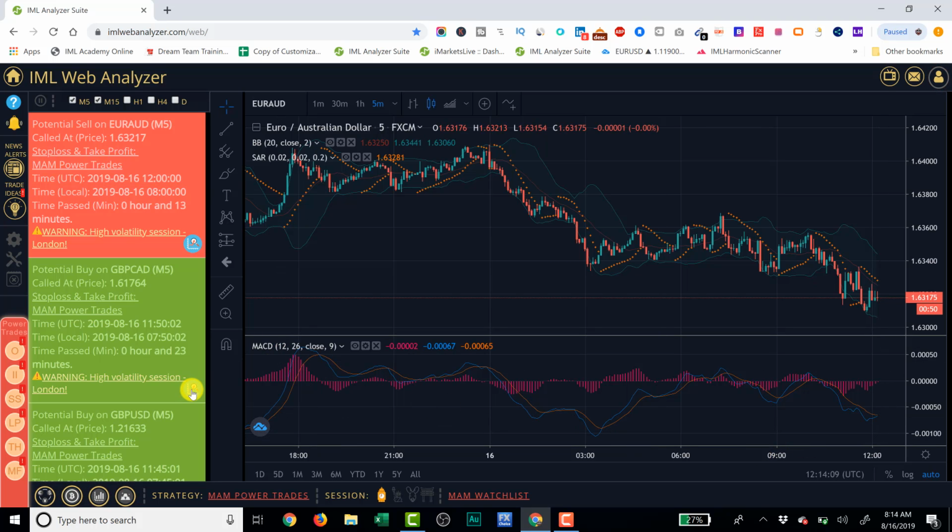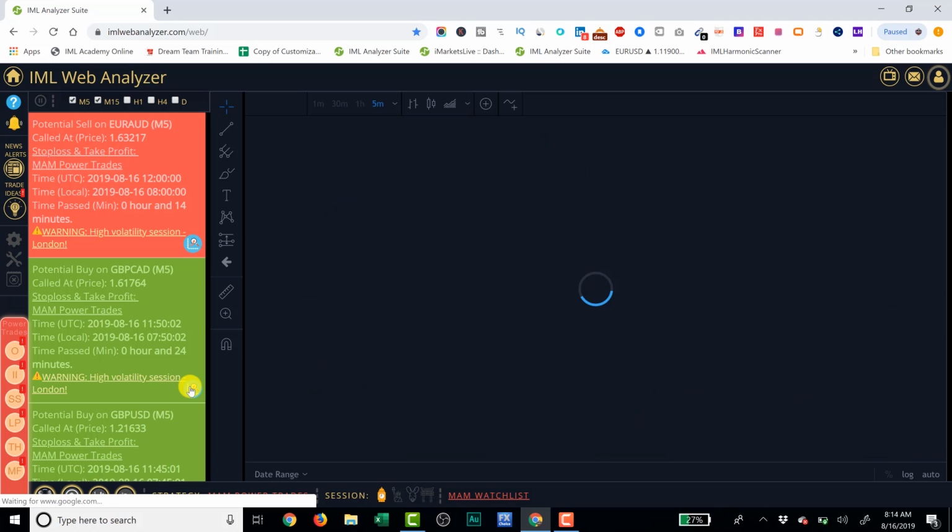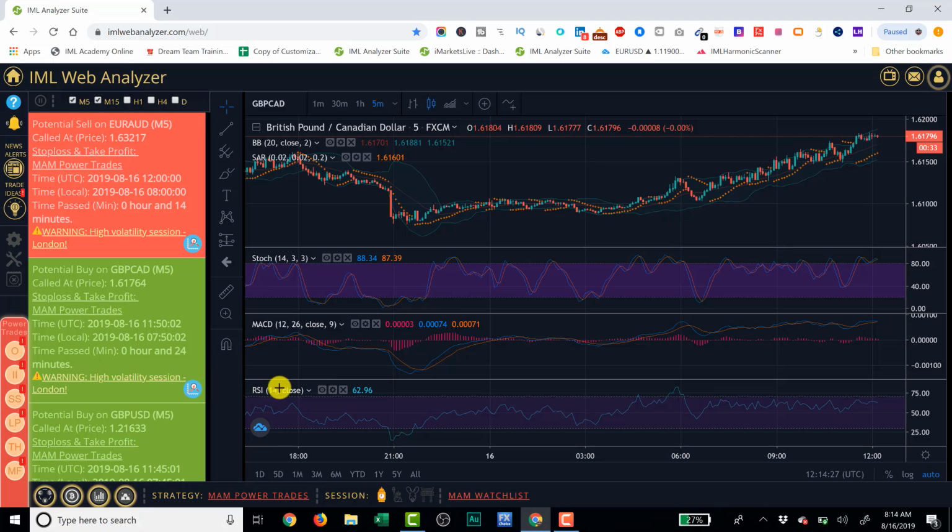The blue line means something too. Everything means something, but when they're about to touch like that, that means it's a sell. Let's check this one out. The red line, blue line.